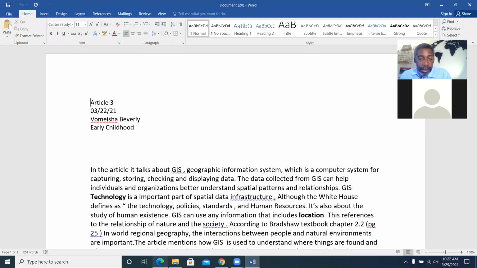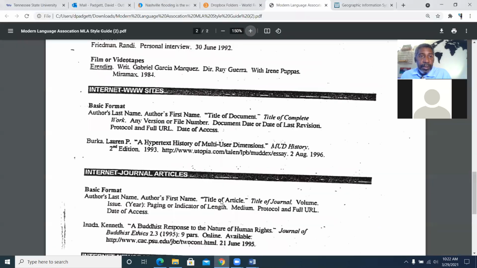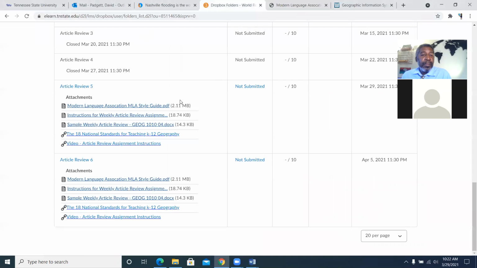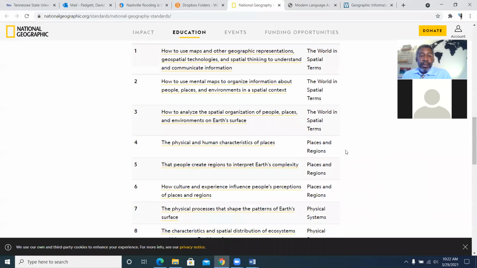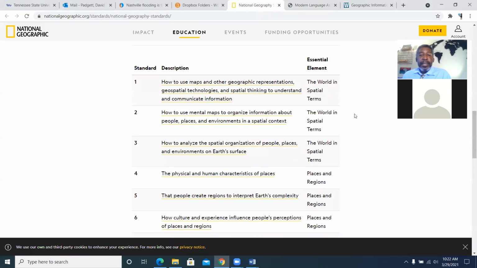Let's go back and take a look at that again. Okay, so actually, Standard 3 is how to analyze the spatial organization of people, places, and environments on the Earth's surface.